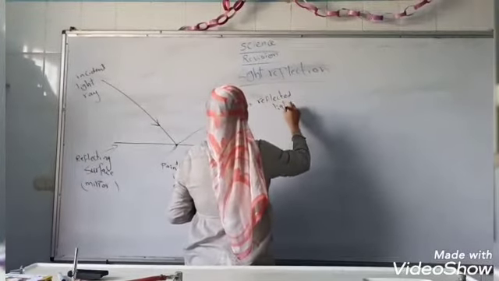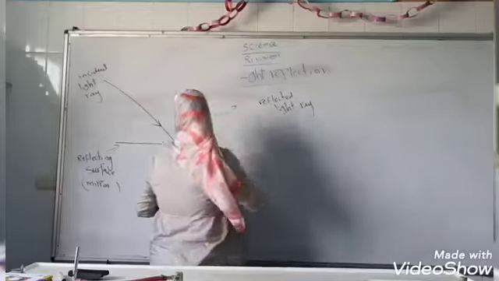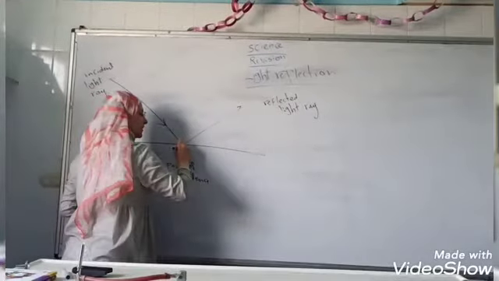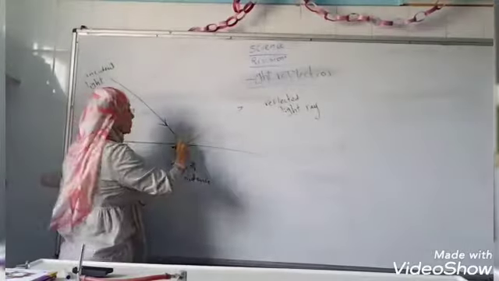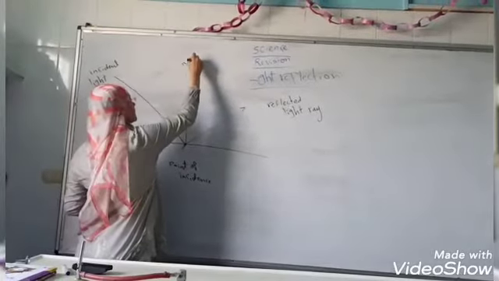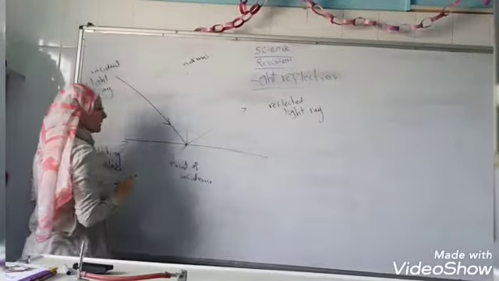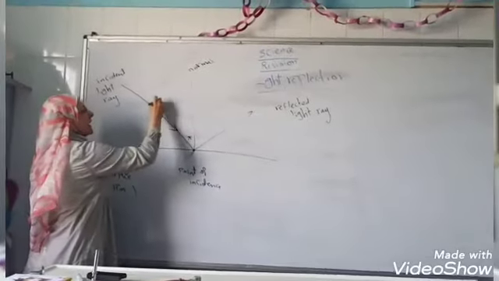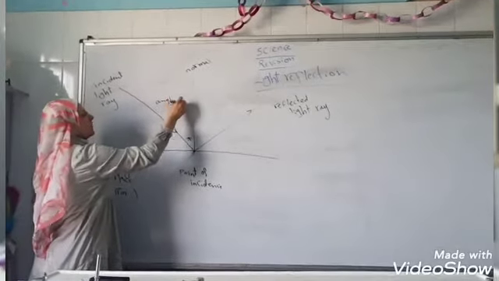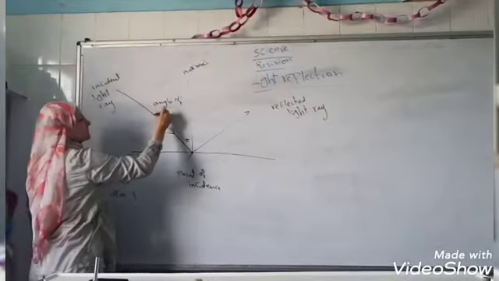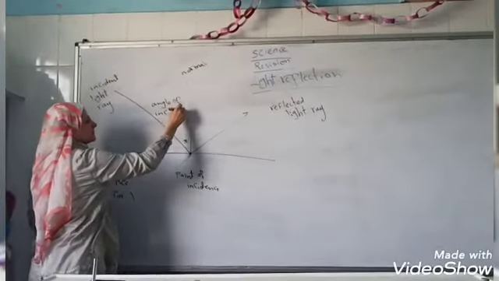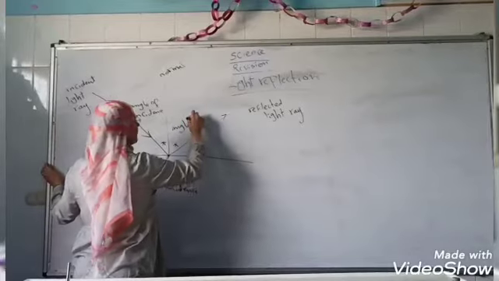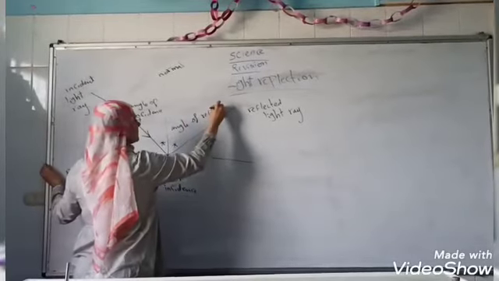light ray. From the point of incidence, we must draw a perpendicular line on the reflecting surface, called the normal. What's this angle called? It's called the angle of incidence. And this angle is called the angle of reflection.